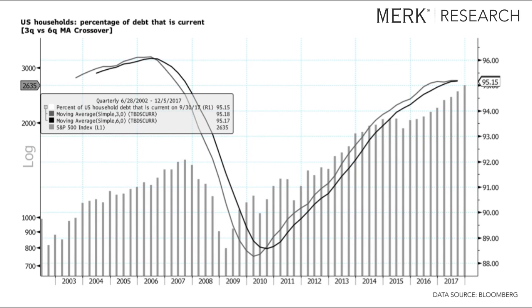So my framework for this chart is, if there is a clear deterioration in this chart, in other words, a sharp break lower of this gray line through the black line, something similar to what was seen here in 2006, that would certainly get me cautious, but I wouldn't say that we have to have a deterioration here as a necessary element to getting more cautious or negative on the business cycle.